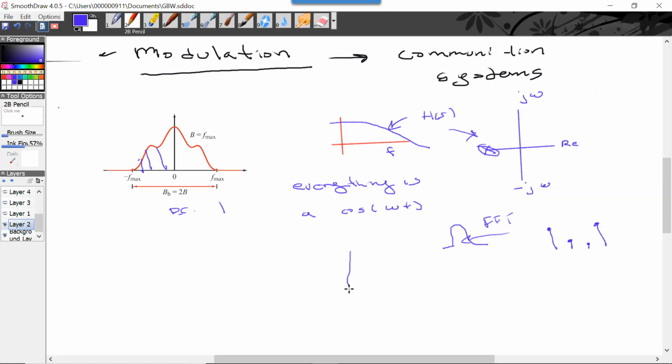If I were to do a low pass filter, plus j omega, minus j omega, you would see this symmetric shape. We don't put j omega or 2 pi f because you know that it's a sine wave. You just drop that out.